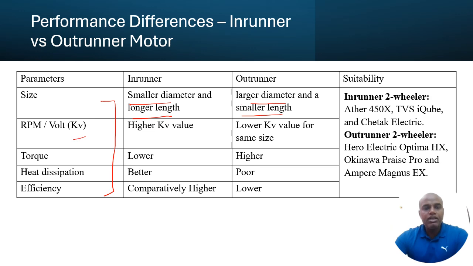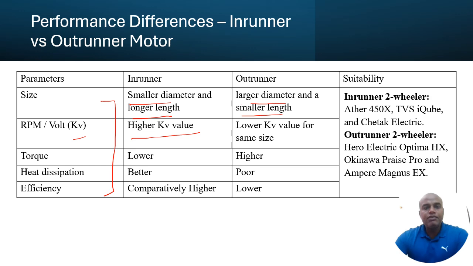Next, RPM per volt, or the kV rating of the BLDC motor. For the BLDC motor, the kV rating is, I would say, the most important parameter. The kV rating says how much RPM the motor is going to rotate per 1 volt. Therefore, the in-runner motor has a higher kV value.